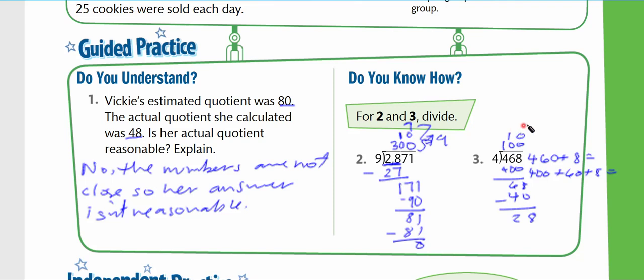And then 4 times 3 is 12, 4 times 4 is 16, 4 times 5 is 20, 4 times 6 is 24, and 4 times 7 is 28. And there are no remainders. So now my whole quotient is 117. So if you use this strategy or if you use this one, your answer should still be 117.